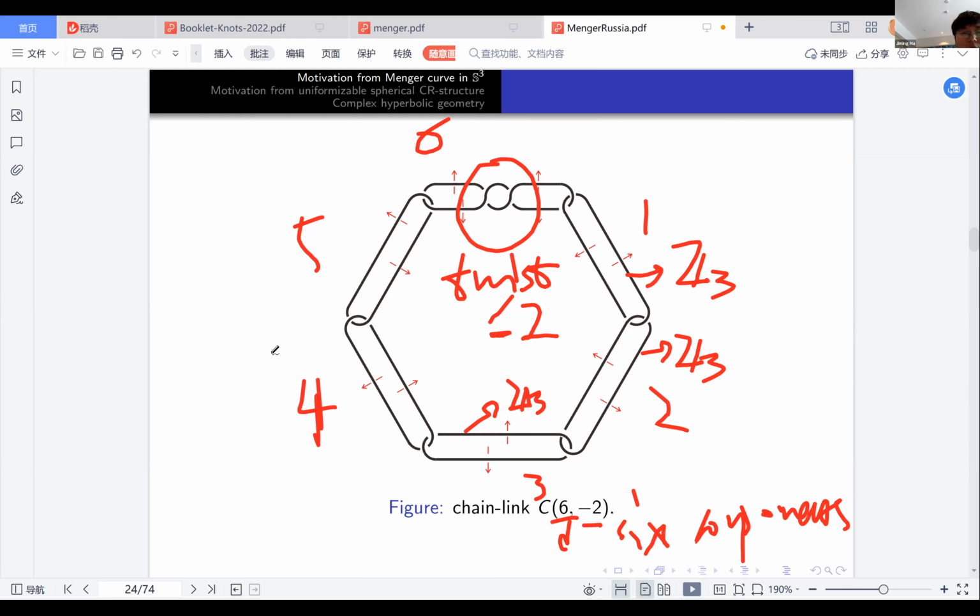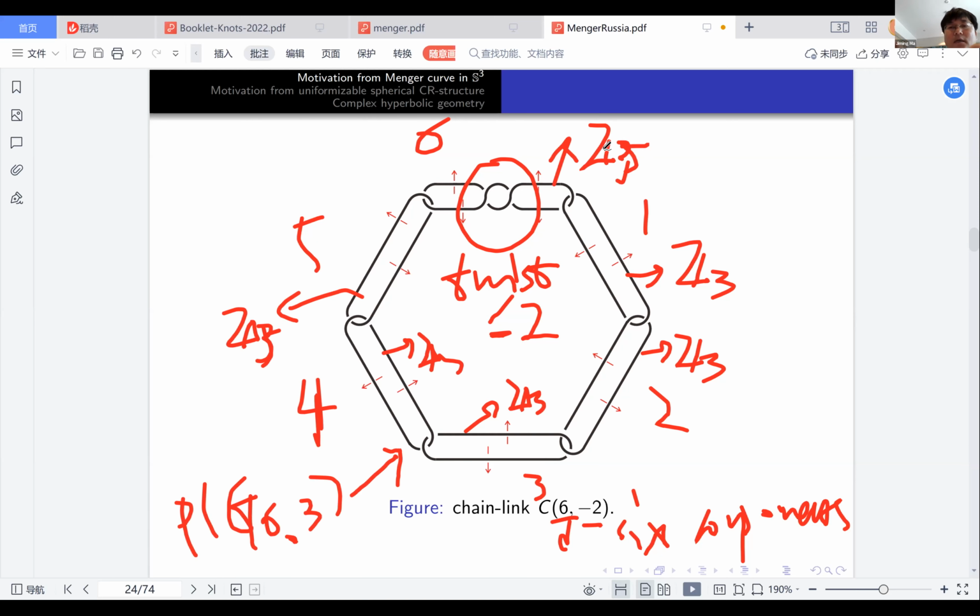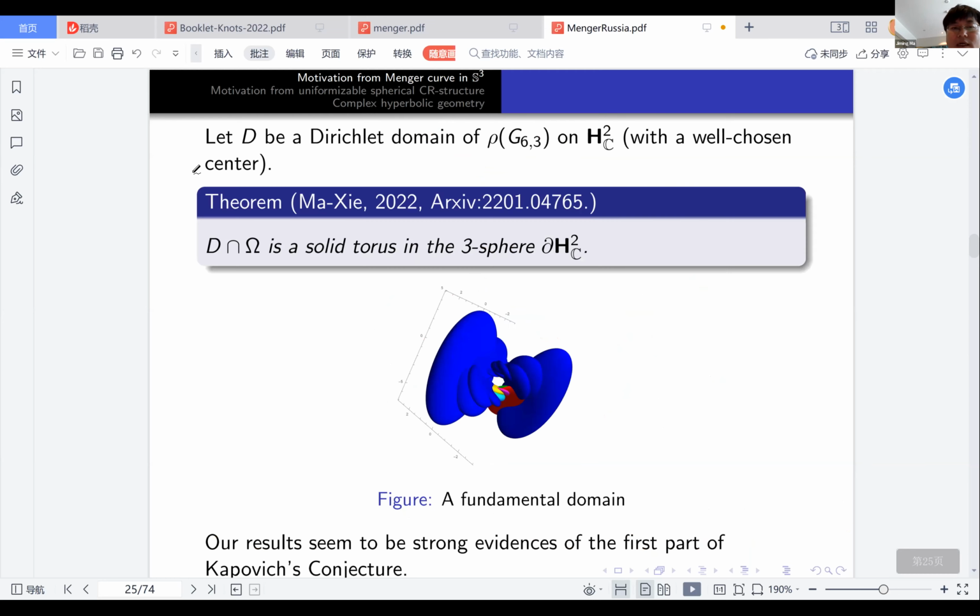One of the technical results here is this. Let D be the so-called discrete domain of the group on the two-dimensional complex hyperbolic space, with a well-chosen center. Then the intersection of the discrete domain and omega, which is just the complement of the limit set, is a solid torus in the 3-sphere.